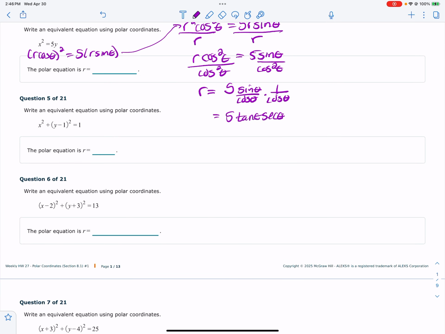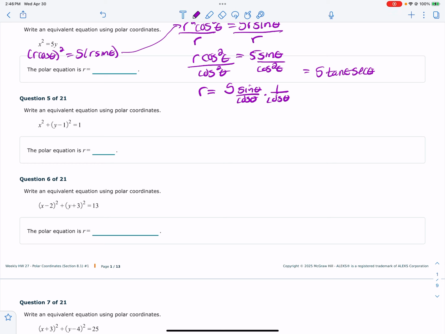All right, so now getting down to number 5, the algebra part of it starts to get just a little bit annoying, to be honest. Let me try something here.